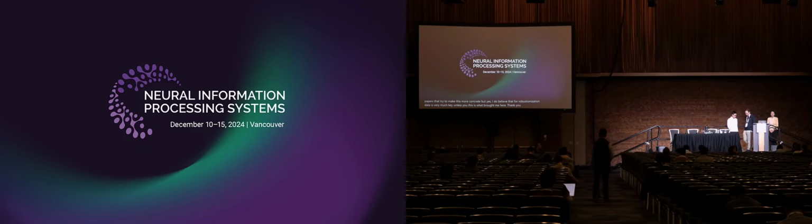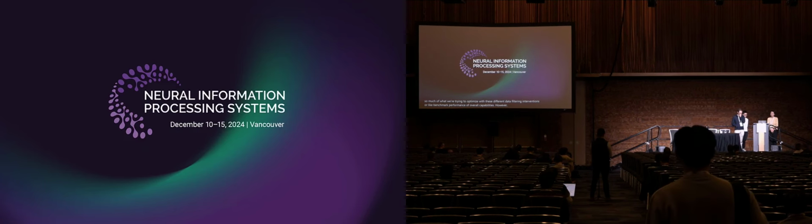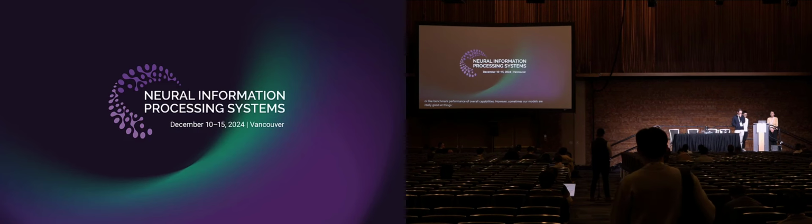Thanks for the great talks, folks. My question pertains to pre-training. Much of what we're trying to optimize with these different data filtering interventions is benchmark performance of overall capabilities. However, sometimes our models are really good at things that we don't want them to be good at. Maybe they're really good at being toxic in some settings.